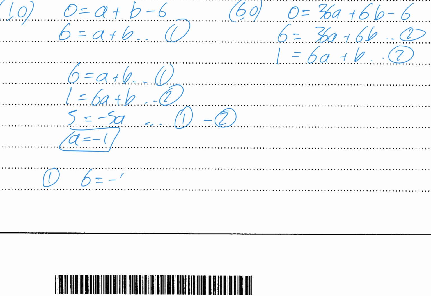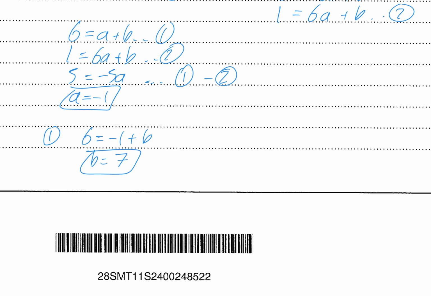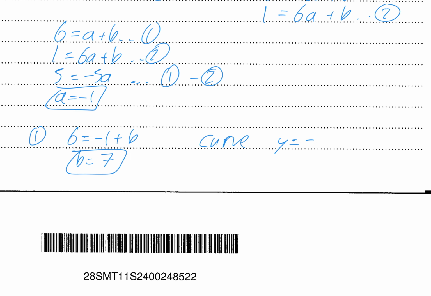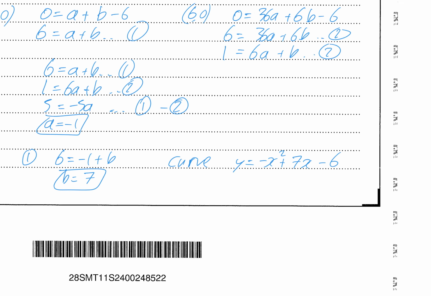So 6 equals minus 1 plus b. Therefore, my b equals 7. So the equation of my curve, what I found after all this, is y is equal to minus x squared plus 7x minus 6. That's what my equation is going to be.